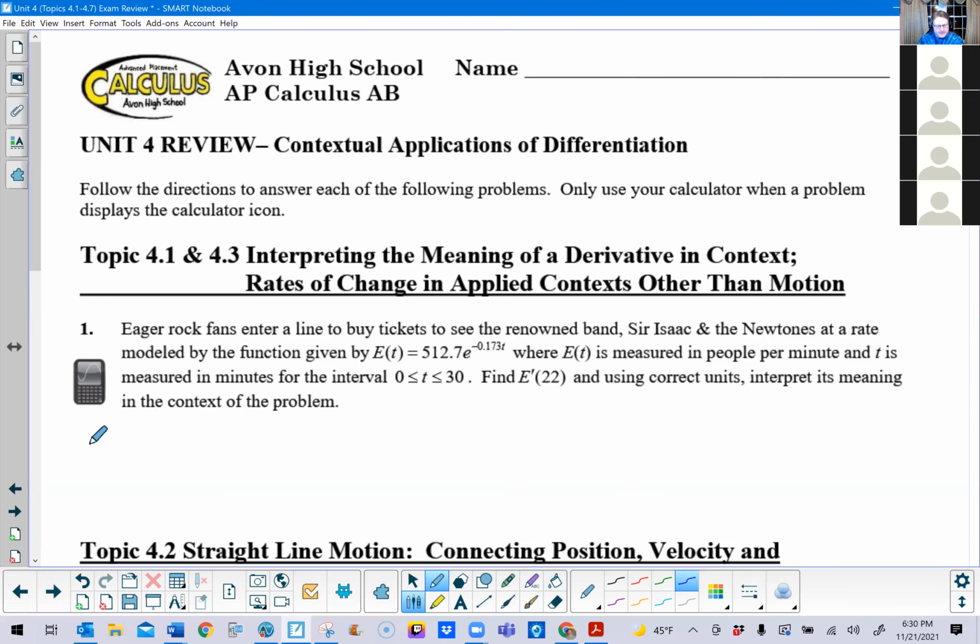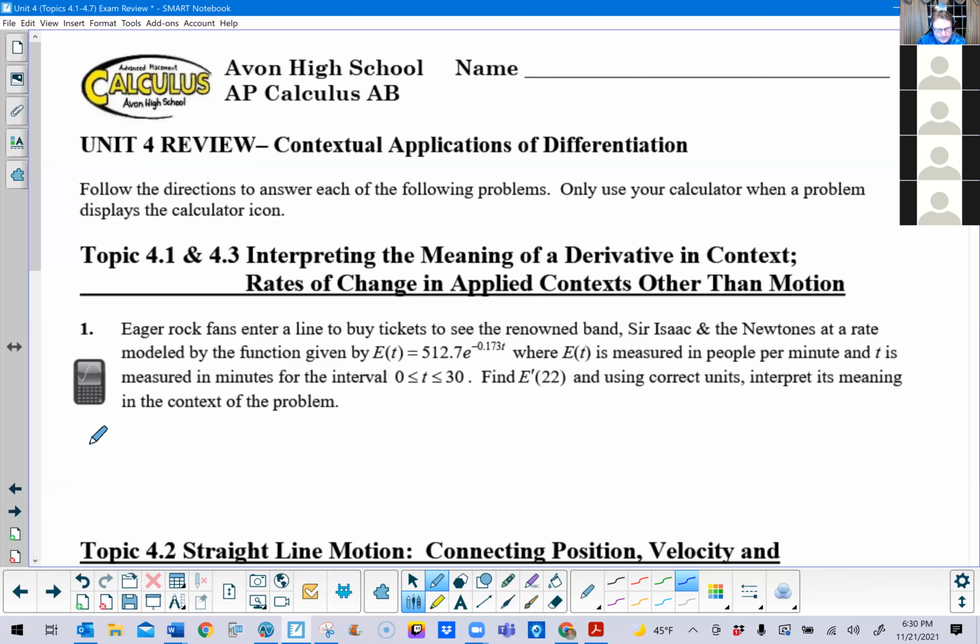For those of you who are watching this outside, I will make sure that you have a link to this document in the description below in case you want to download that and follow along while you're watching. So this particular problem is going to be calculator active, so we'll run through that aspect, but it's the interpretation part that seems to be the big misconception here.